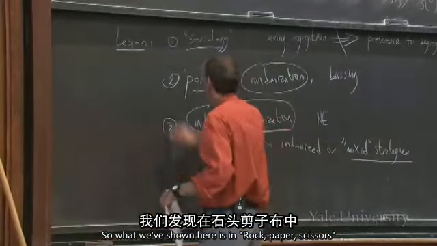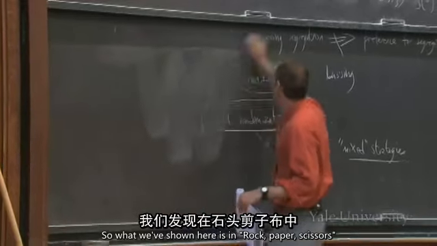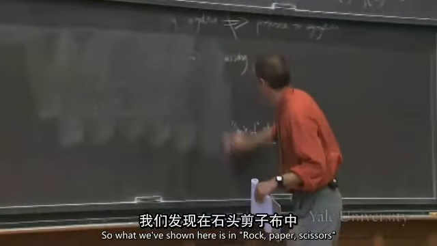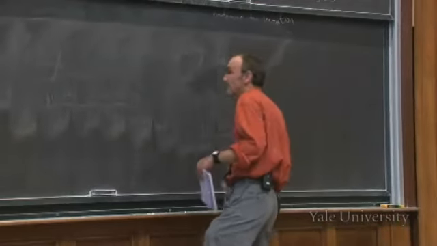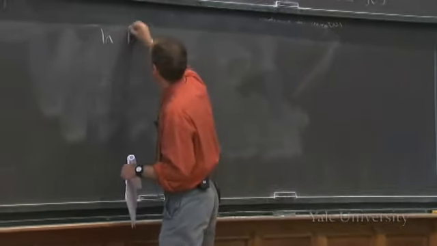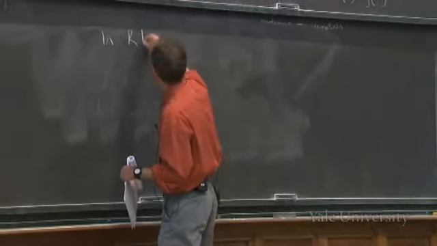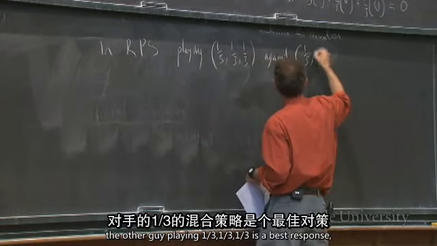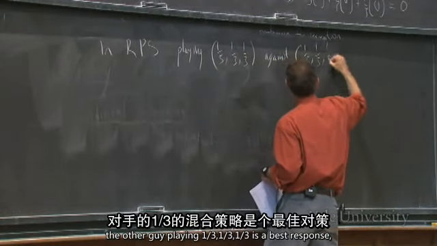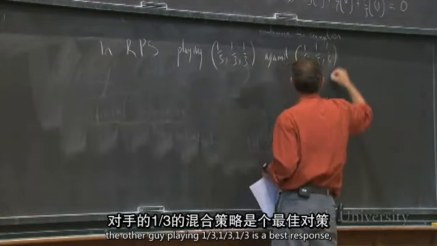and we'll stop with this, what we've shown is, in rock, paper, scissors, playing a third, a third, a third against the other guy playing a third, a third, a third is a best response.